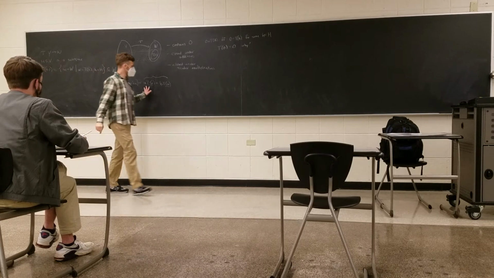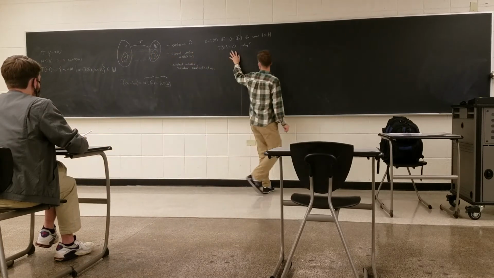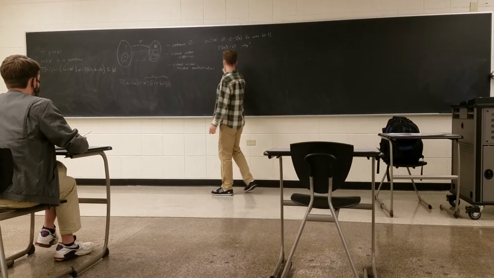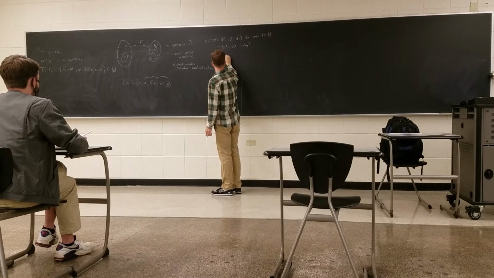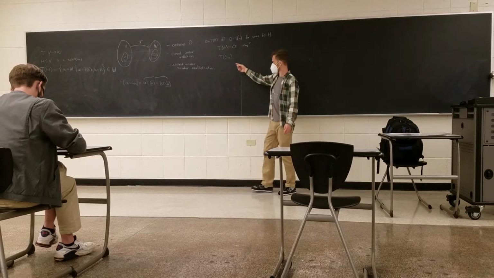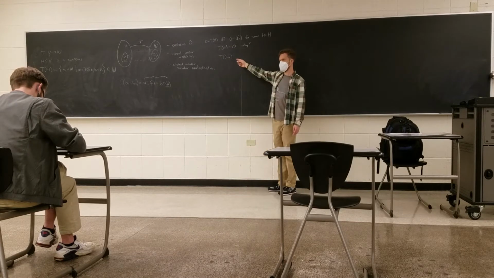So I want to exploit this somehow to get this. The way I'll do it is to say T of 0 times U. U is just arbitrary; I actually don't care what U is.